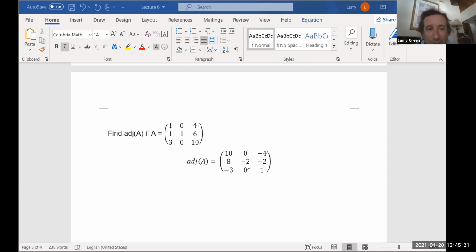Okay, what I want you to do is multiply these two matrices in either direction, either A times the adjoint of A or adjoint of A times A. So get a piece of paper out and multiply those two matrices. Tell me what you get. So just explore. Take A times the adjoint of A, and you'll get a matrix. See what you get.